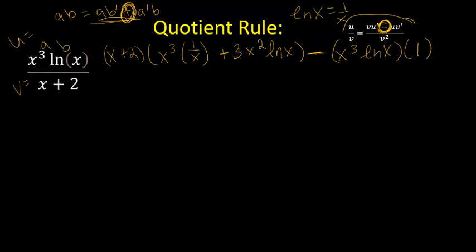Perfect. Right? Because the derivative is going to be a 1. And we're going to have the denominator. I'm going to leave that out just because I'm running out of room already. Okay, so what do I do next? Well, these two are going to reduce down to x to the second power.